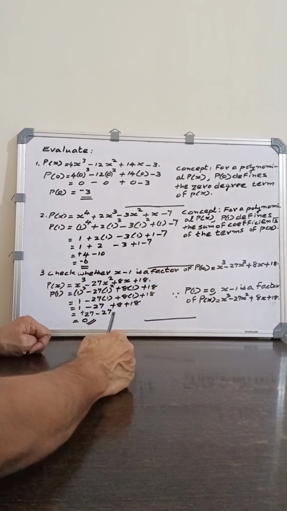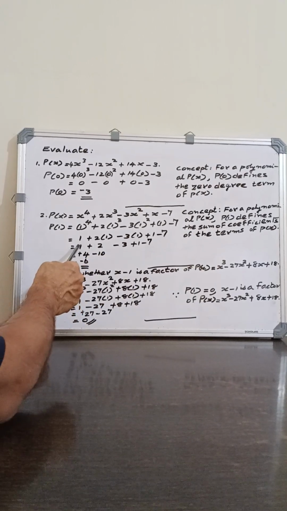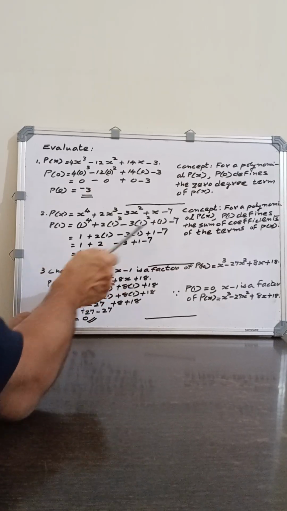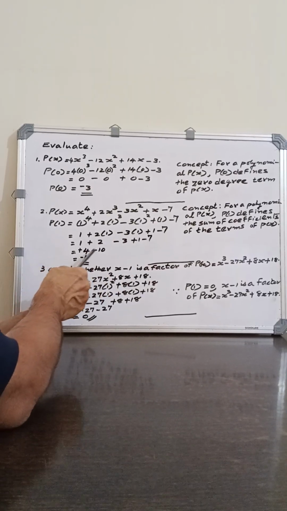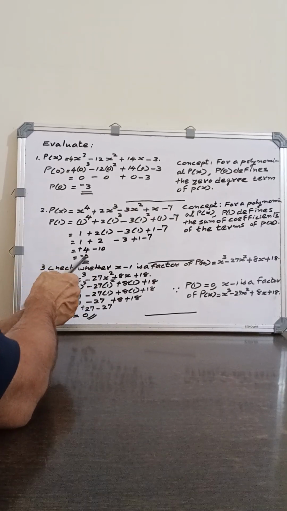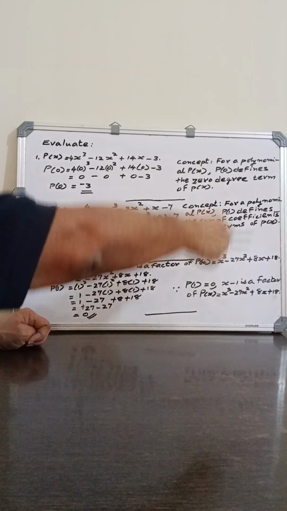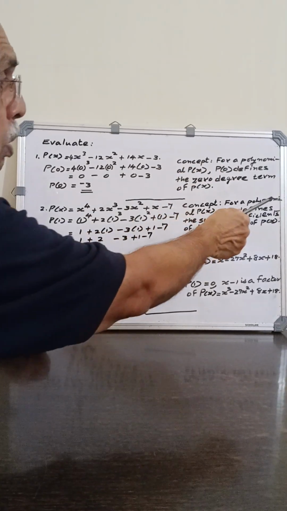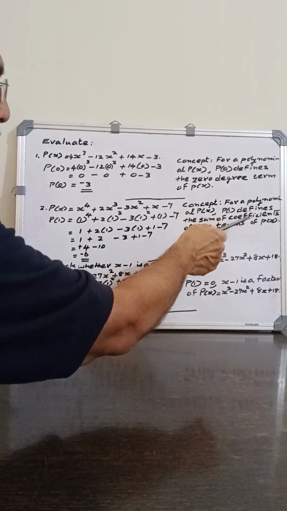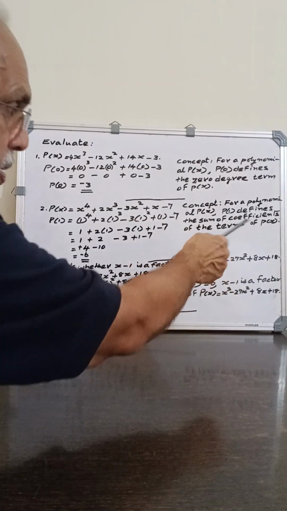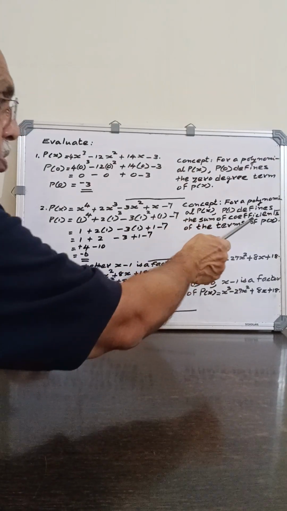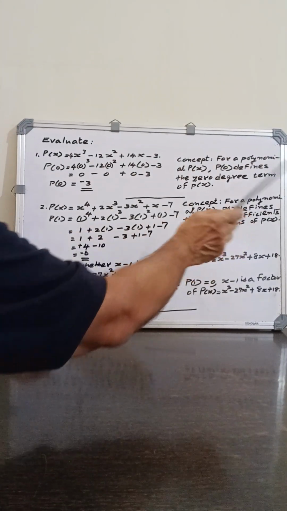When simplified, positive 1, positive 2, positive 1 gives positive 4, minus 3, minus 7 gives minus 10, and positive 4 and minus 10 results in minus 6. Therefore, P of 1 equals minus 6. That is the concept here: for a polynomial P of x, P of 1 defines the sum of the coefficients of the terms of the polynomial P of x.